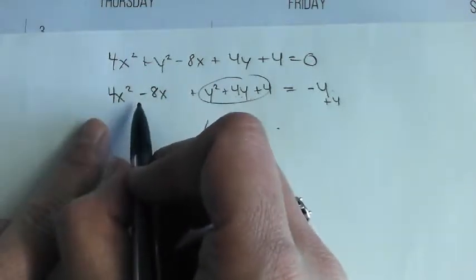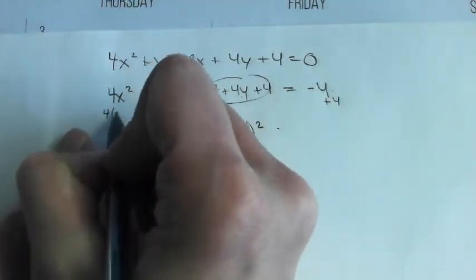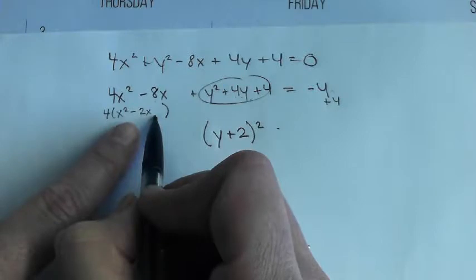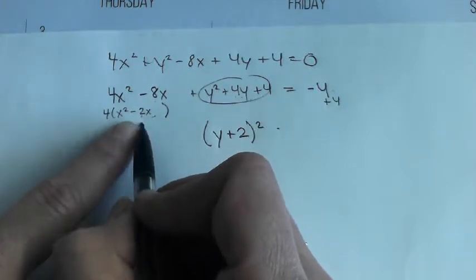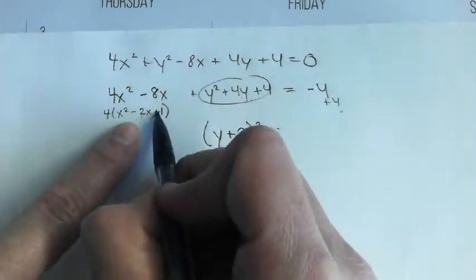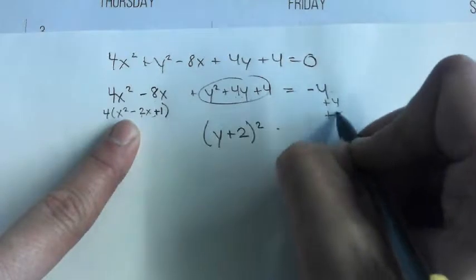I can't complete the square on this one just yet because of y. So now, what do I add in here to complete the square? Right? Half of this is negative 1, squared is 1. What do I have to add on the other side to counter that? 4, because this is technically a 1 times 4, so if I add 4 to the left, I have to add 4 to the right.